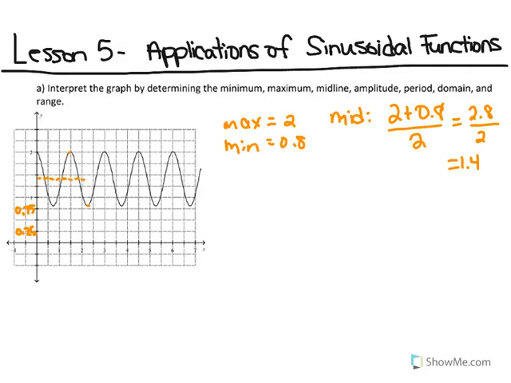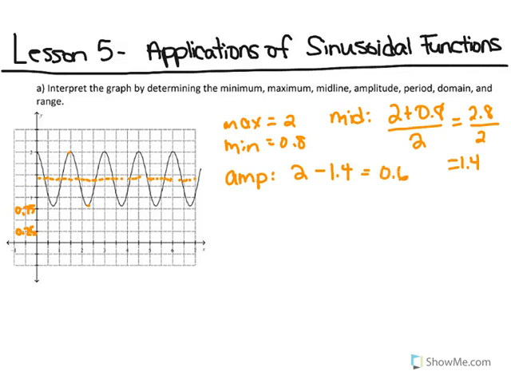So not quite at 1.5, a little bit below it. But you can see that that is where the graph changes. So our amplitude would be the distance from our maximum point, subtract the midline, which is 0.6.